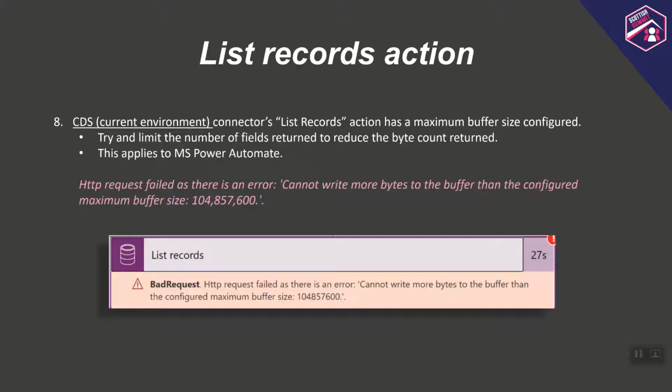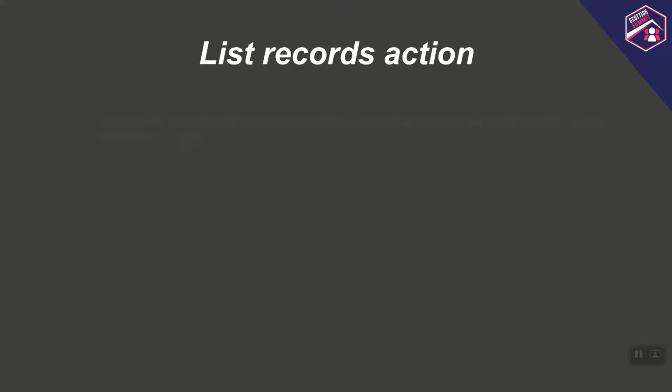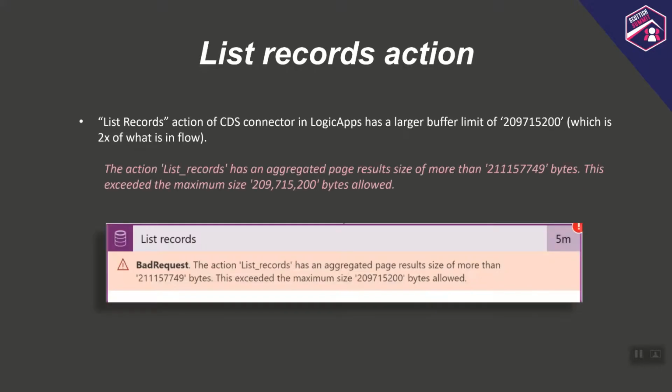So try and limit the number of fields to a minimum, only the required fields for your process. In Logic Apps, this limit is twice that of Microsoft Power Automate, and even though it's twice, it's really good practice to only use the fields that you actually require within your process.